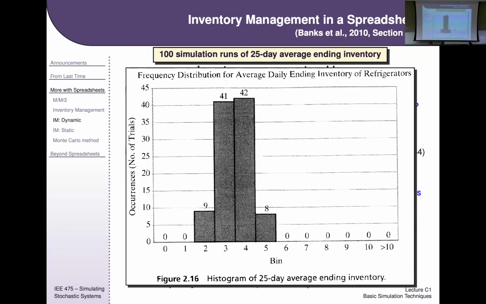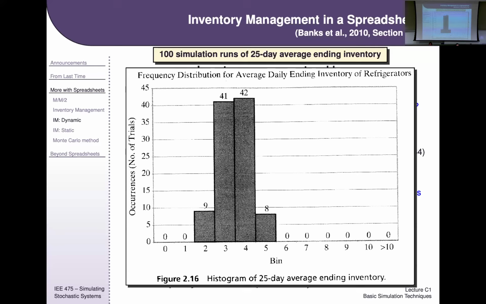And now I can say, this is the average ending inventory. This is saying that when I look at the average inventory at the end of one 25-day run, I can look at a distribution of averages. So I could actually calculate an average of averages. So this is saying that in some of my simulation runs, I had at the end of a 25-day period an average daily inventory left over of 2.